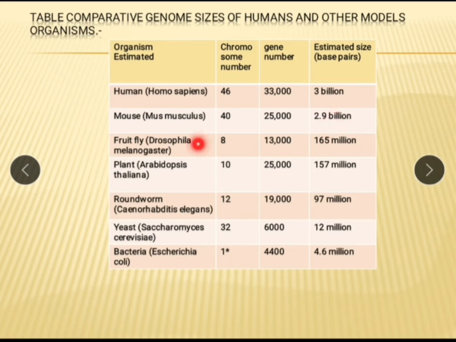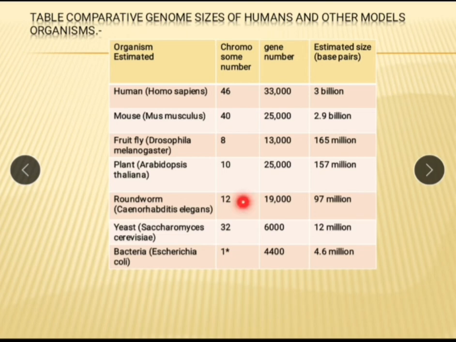In fruit fly, Drosophila melanogaster, chromosome number 8, genes 13,000, base pairs 165 million. In plant, Arabidopsis, chromosome 10, genes 25,000. See here in mouse, chromosome 40, here chromosome only 10. But genes are similar in both. Then estimated base pairs 157 million.